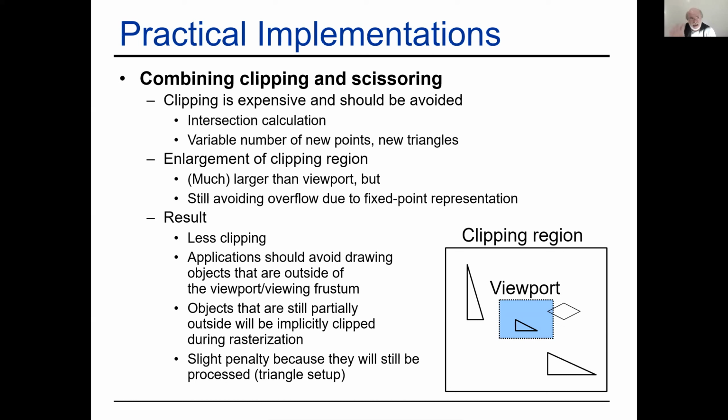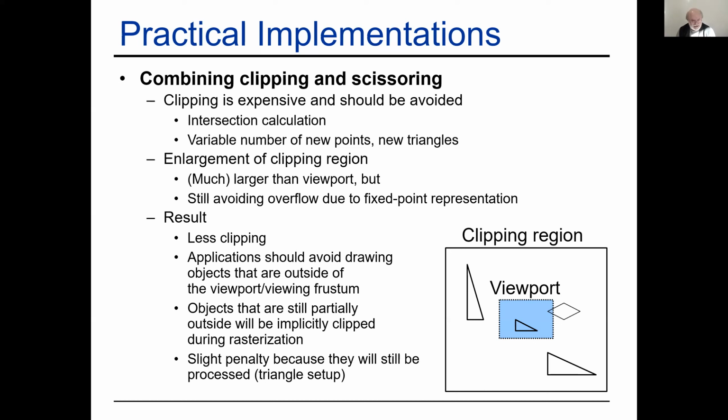If I move my camera around in a 3D world, you can easily construct cases where geometry goes from something that's inside to something that's far outside. So from that point of view, you cannot avoid generating cases where you have to clip.